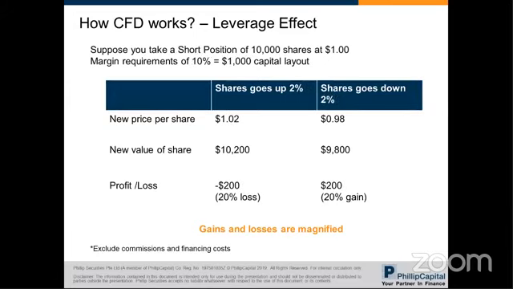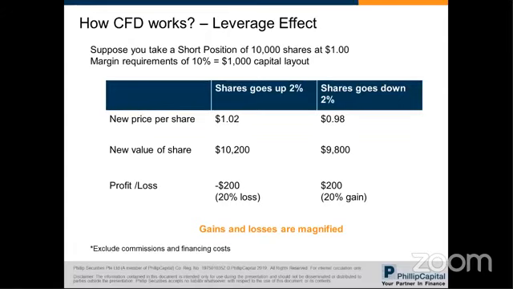Likewise, if you do the reverse, meaning you take a short position, where you profit from a fall in the asset price, in this case the stock price, assuming it goes up 2% or down 2%, and this counter gives you up to 10 times leverage, meaning you only put in 10% of the amount, which is a $1,000 capital outlay.